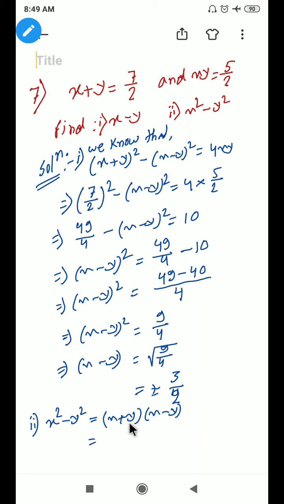We already know the value of x plus y, that is 7/2, and x minus y we just found, plus minus 3/2. So if you multiply them, you will get plus minus 21/4. So this is the answer.